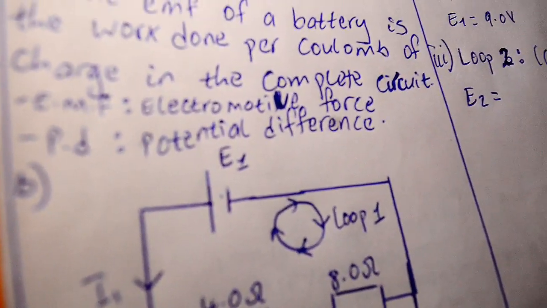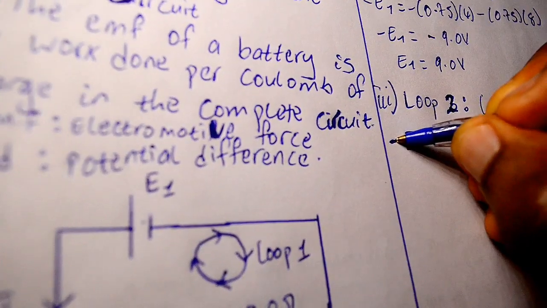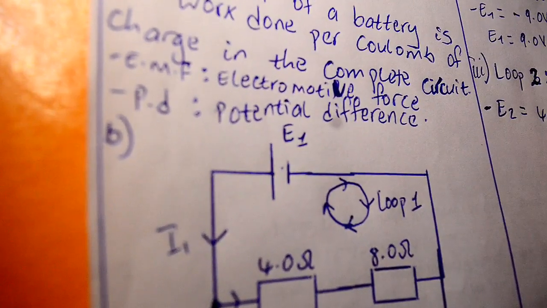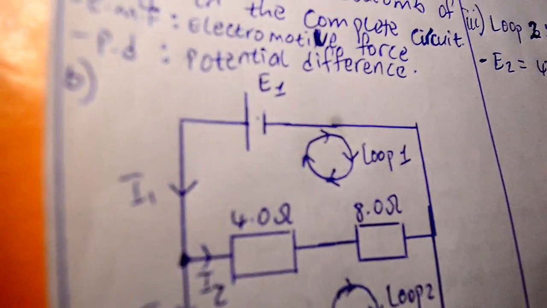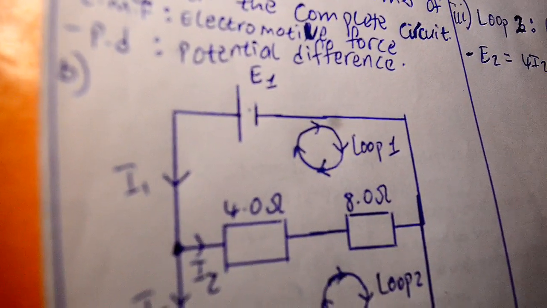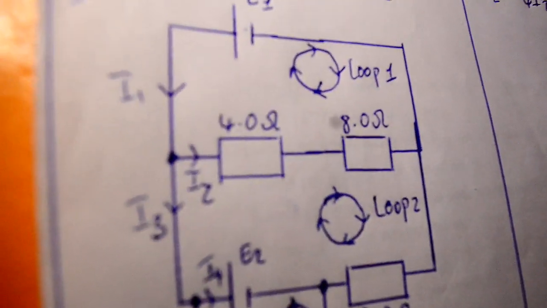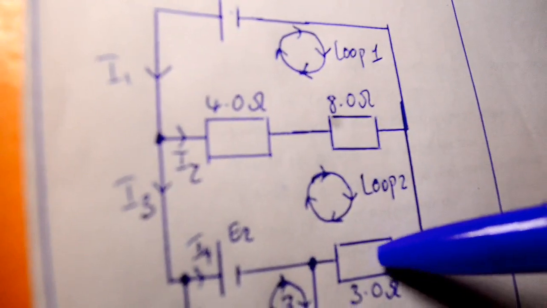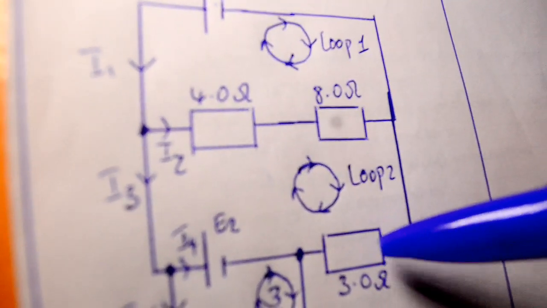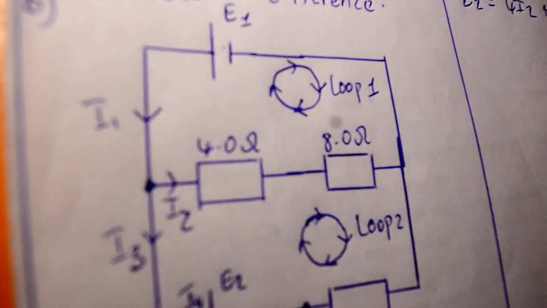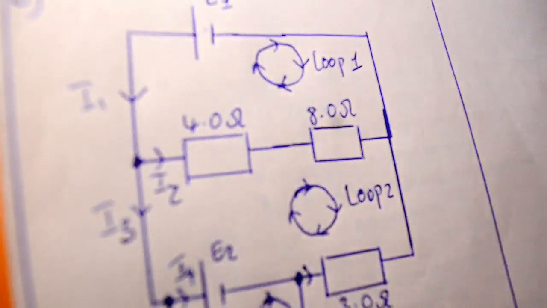You write negative E2 for I2, same direction as the loop, positive 8 I2. This here, opposite direction from the loop, so you must have a negative. Remember, current here is moving towards the right.